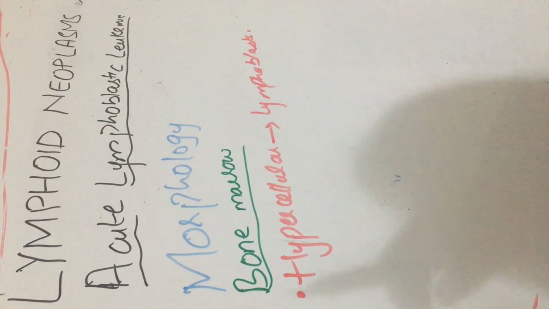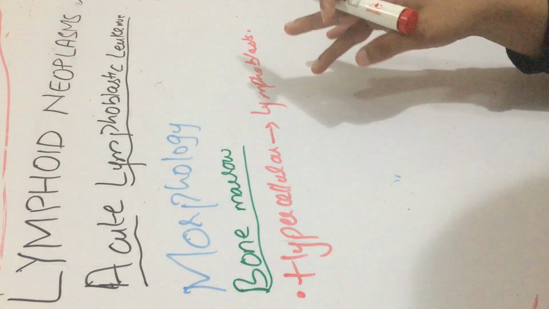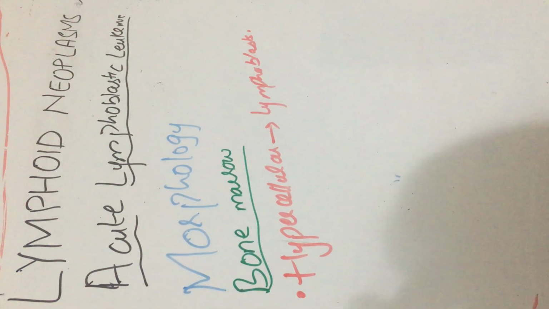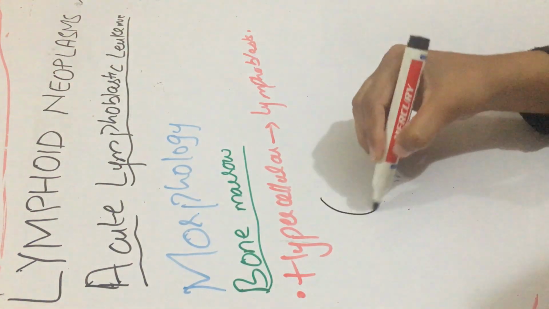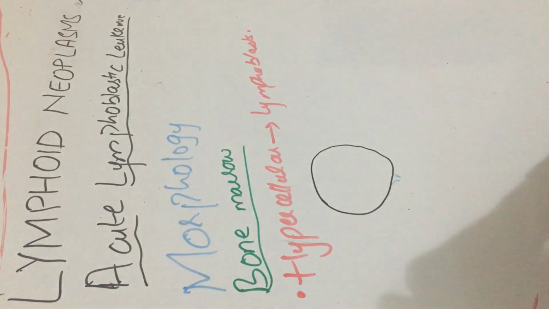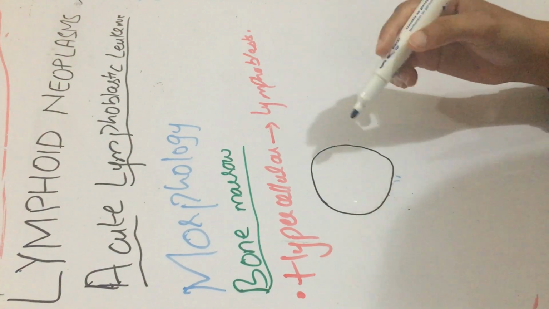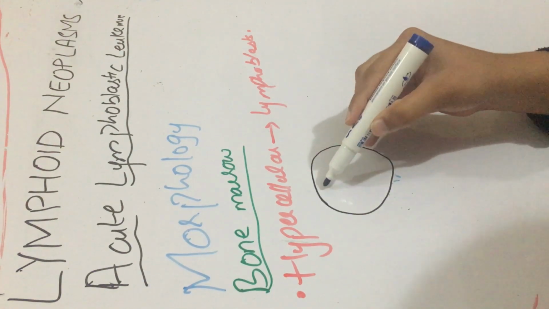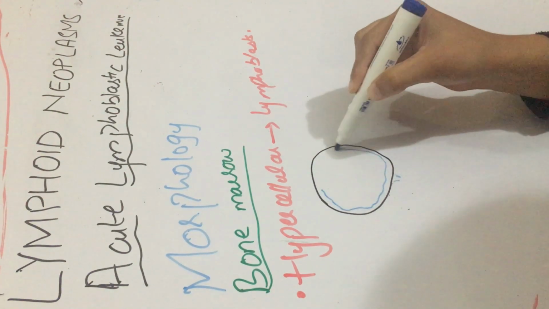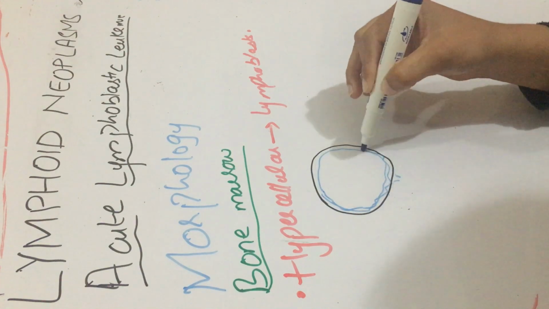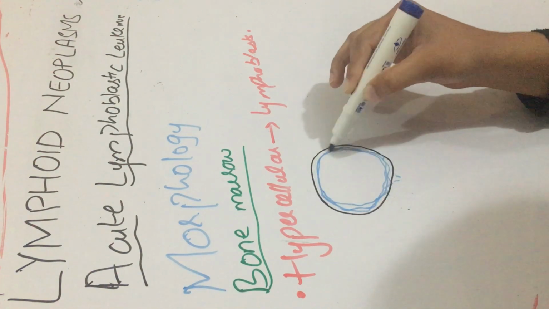Now we will discuss the lymphoblasts, their morphology, how they look. I will draw a diagram of a lymphoblast. Lymphoblasts are small round to oval cells, and very scanty cytoplasm is present, not in a large quantity.